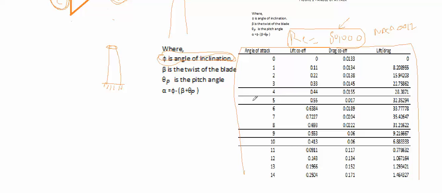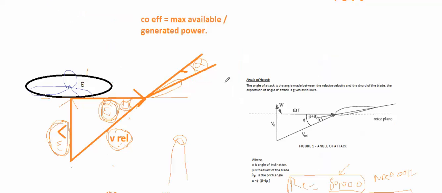Now if you have a look carefully, you would realize that there is something called the coefficient of lift and something called the coefficient of drag. What is the meaning of coefficient of lift and coefficient of drag? What it really means is this: just imagine that there is a relative wind.